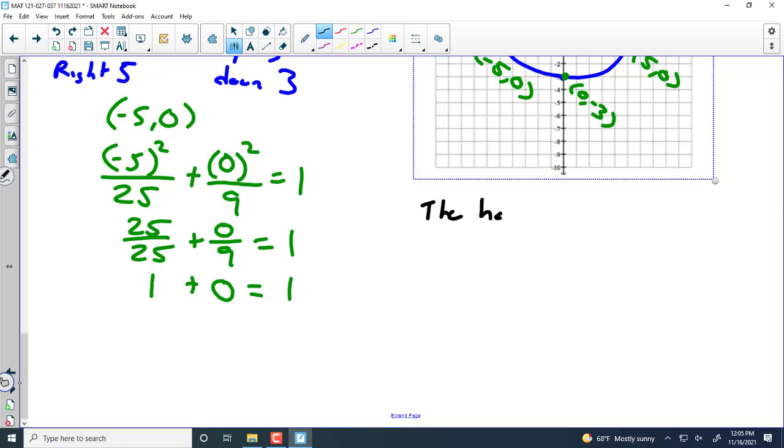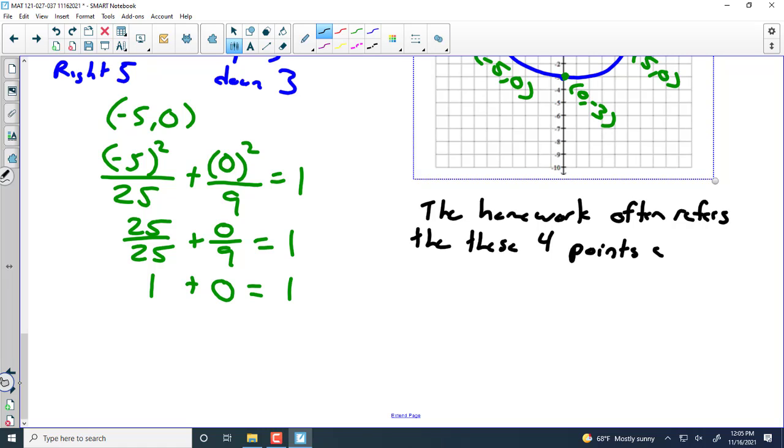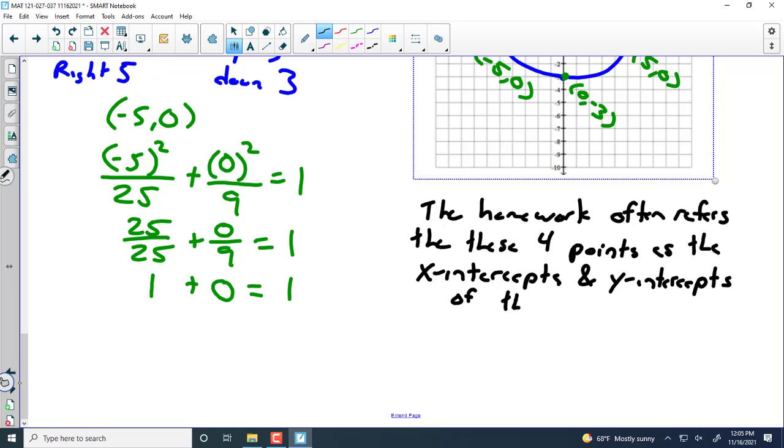The homework often refers to these 4 points as the x-intercepts and y-intercepts of the ellipse, because they're on the axes. They actually are where it hits the x-axis and the y-axis.